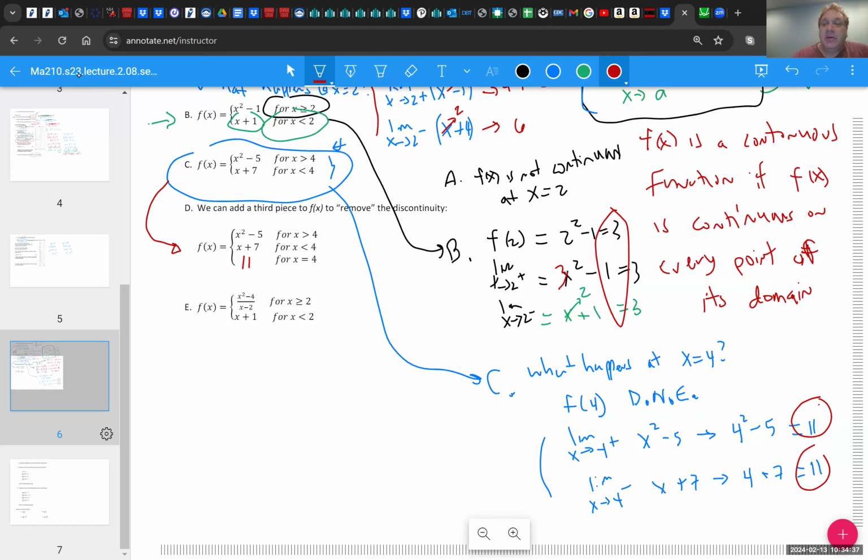All right, we got one last problem, and then we're done with this particular section's lecture. Part E right here, we have another piecewise function, x greater than 2, x less than 2. And we want to find out what happens at the interesting point. And the interesting point is 2. That's where the function switches.